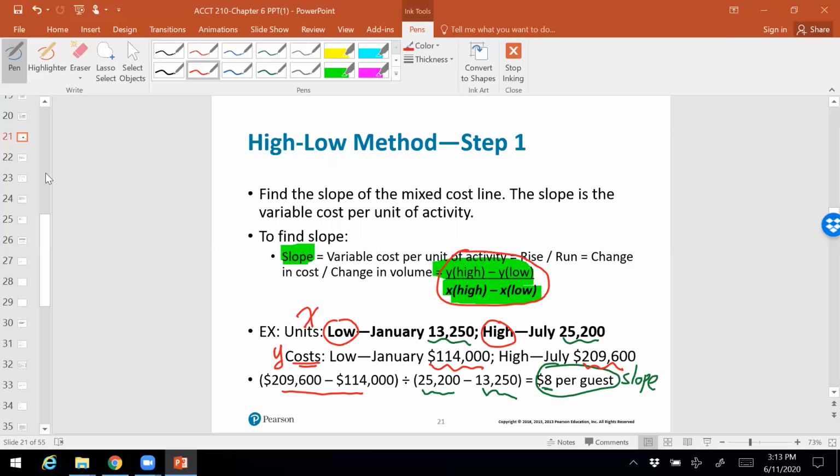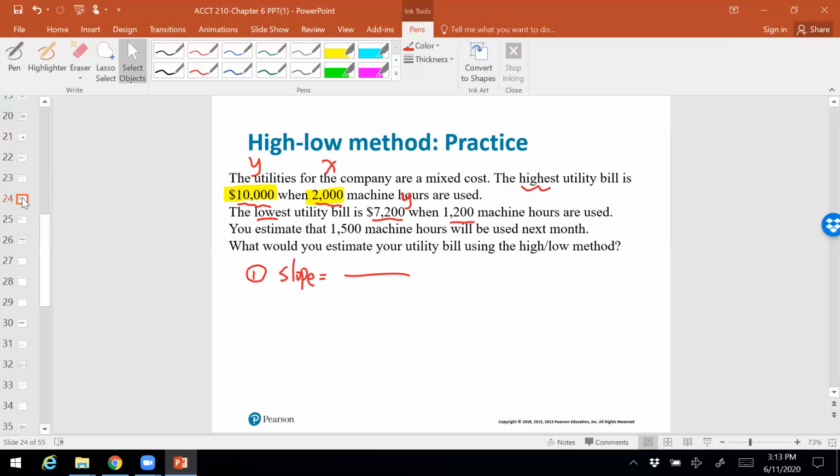But this is how you get the slope. So remember, the dollar amount is Y, so I use this high Y minus low Y and then divided by high X minus low X. Okay, so let's get all the numbers.